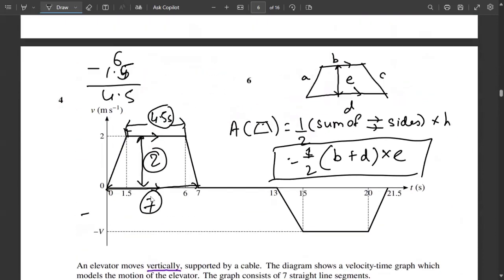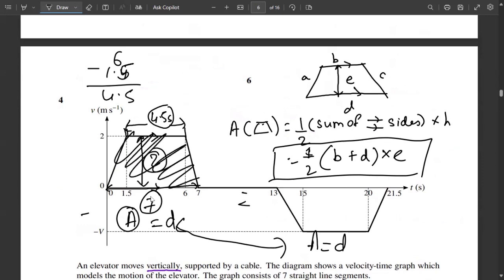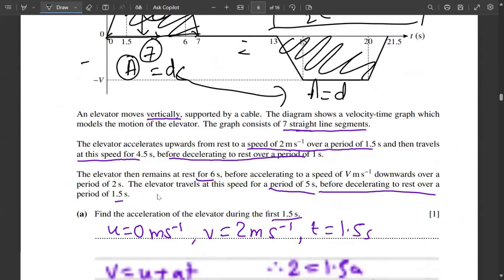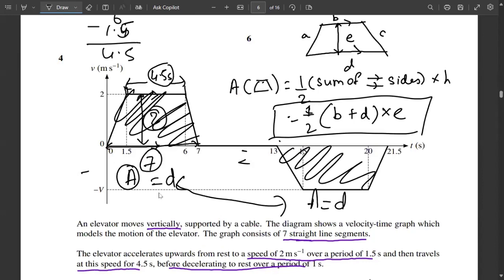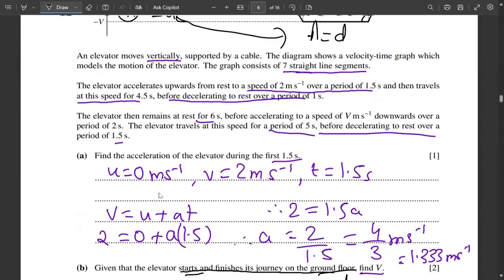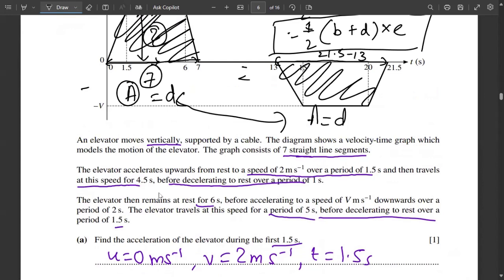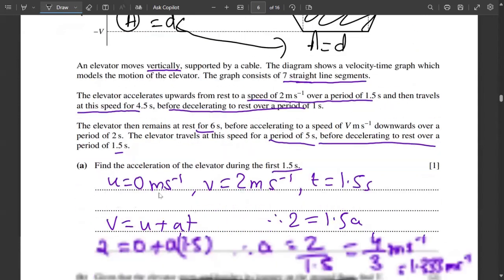Now we know that this distance, this area, is equal to this area and distance. Both are equal. So now we can simply write 11.5 is equal to half into what will be this length? This length will be 21.5 minus 13, which in the calculator is 8.5.